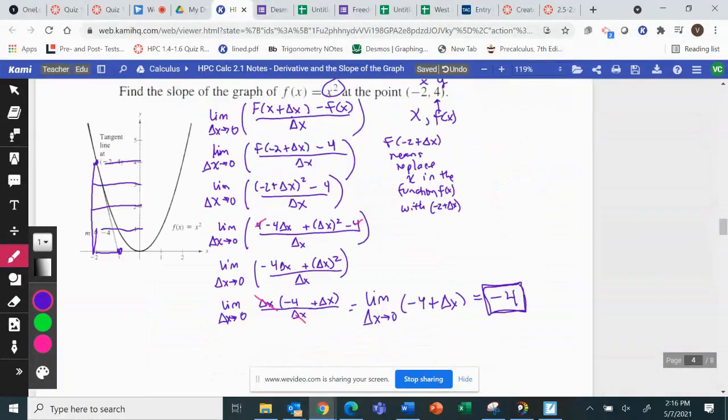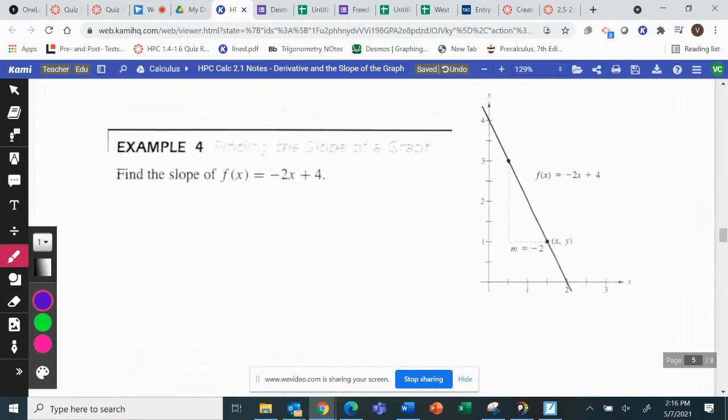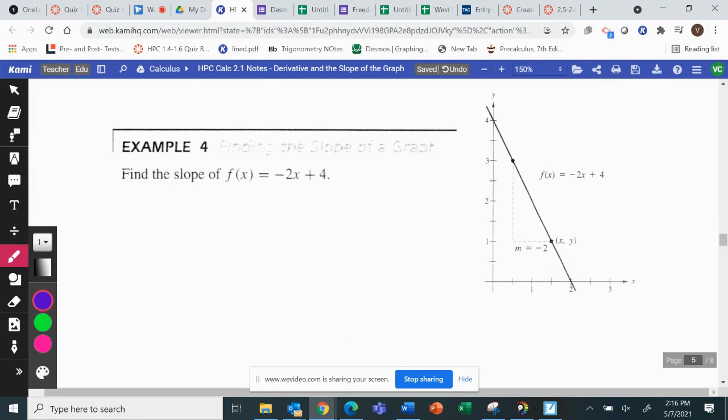Okay, so we're going to do that a couple more times. They have different situations too, where this example is not going to be find the slope at a particular point. This is going to be just find the slope of the graph. Now, what kind of graph is this? Line. So you should tell me right now, what is the slope of this graph? -2.